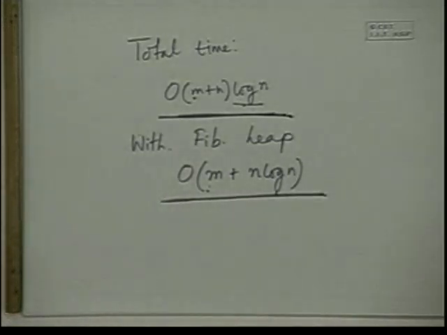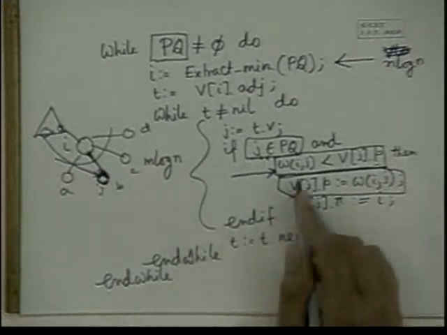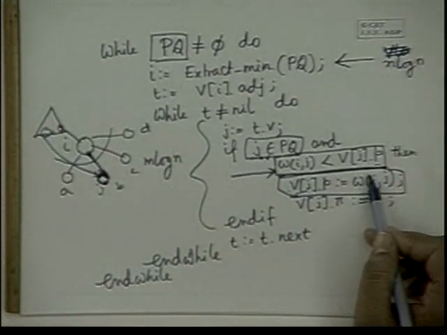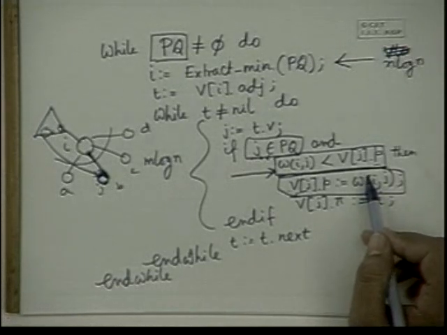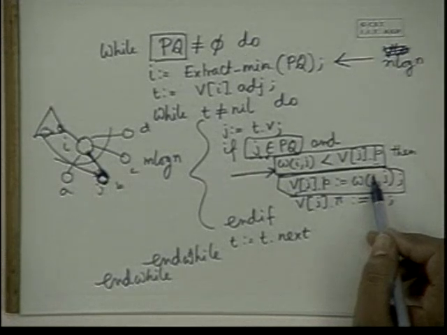Each decrease key here can probably take a very bad worst case time, not constant. The worst case time of decrease key in a Fibonacci heap is not order 1. It can be order n or order log n. But we know the amortized time is order 1.